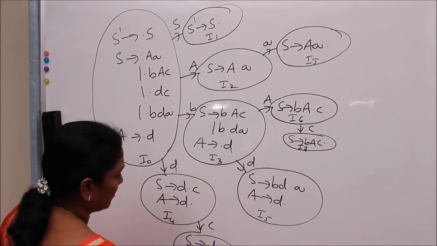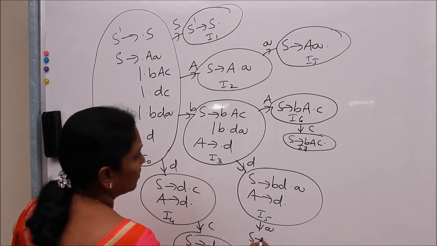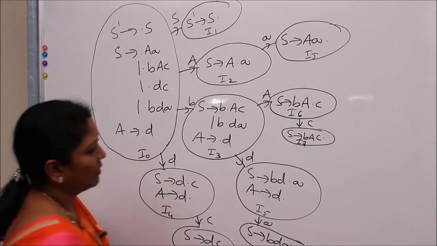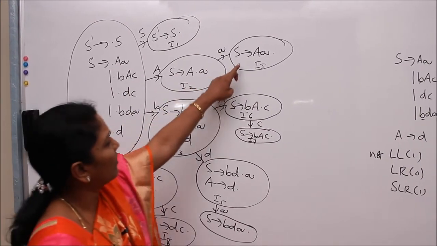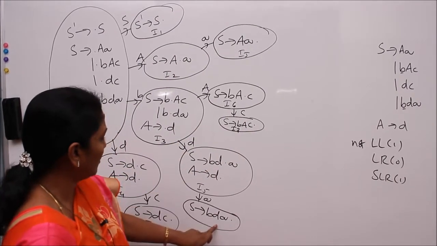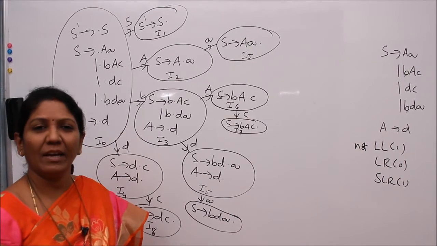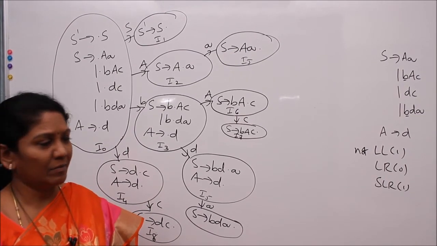Let this be I8. Now this one on A, S to BDA dot. Anything is left? Look at this. Here you have a final item. Here you have a final item. Here you have a final item. Here you have a final item. Hence that completes the canonical collection of LR0 items.